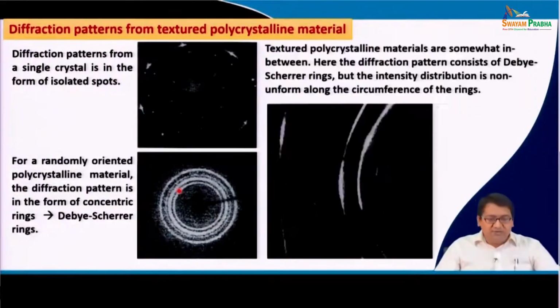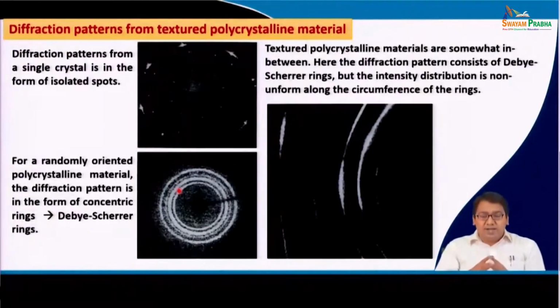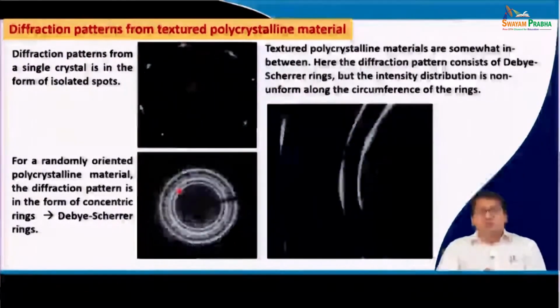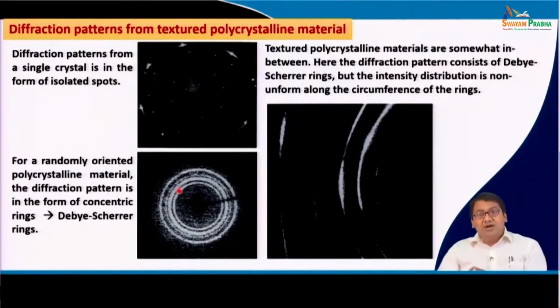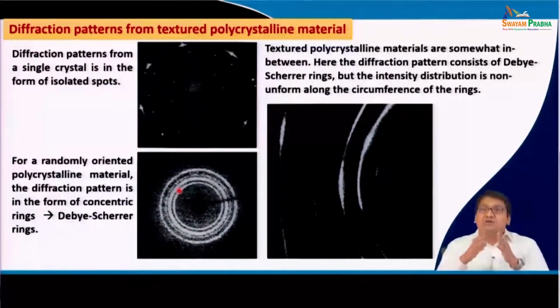Now, if the material is a textured polycrystalline material, then what will happen? Here the diffraction pattern will again consist of Debye-Scherrer rings, but now the intensity distribution is non-uniform.